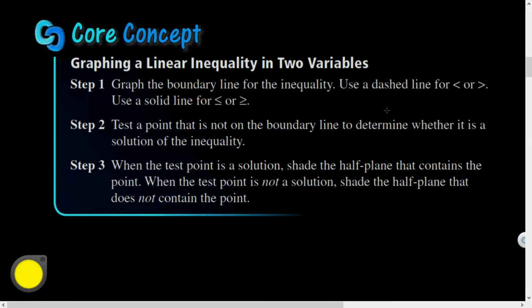Okay, so what you do is first you graph the boundary line for the inequality. Use the dashed line if it doesn't have the equal part. Use a solid line if it does. Notice that's very similar to open circle, closed circle. Same logic. Test a point that is not on the boundary line to determine whether or not it is a solution, and then shade whichever half works.